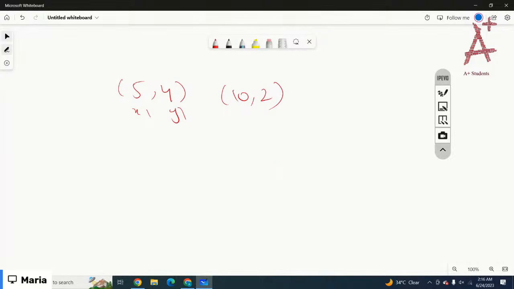Yes, very good. That would be negative 2 and 5. Let me just calculate. That is x1, y1, x2, y2. So it would be y2 minus y1, 2 minus 4, and x2 minus x1, that would be 10 minus 5. So 2 minus 4 is negative 2, and 10 minus 5 is 5. So the correct option is negative 2 over 5.